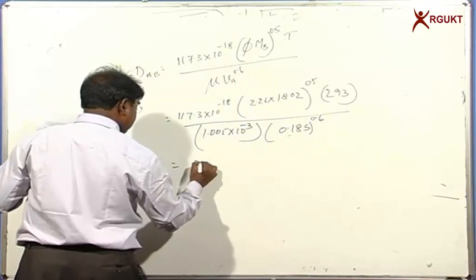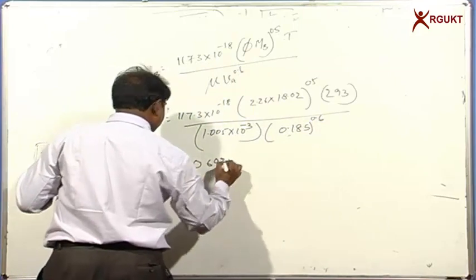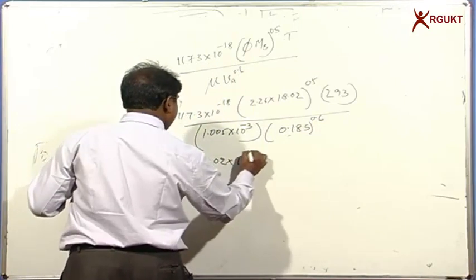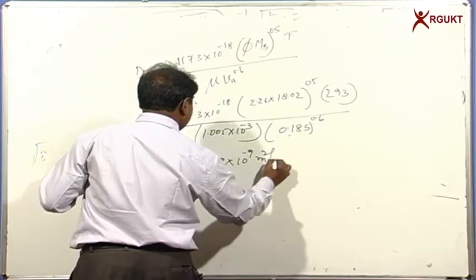That becomes 0.602 into 10 power minus 9 meter square per second.